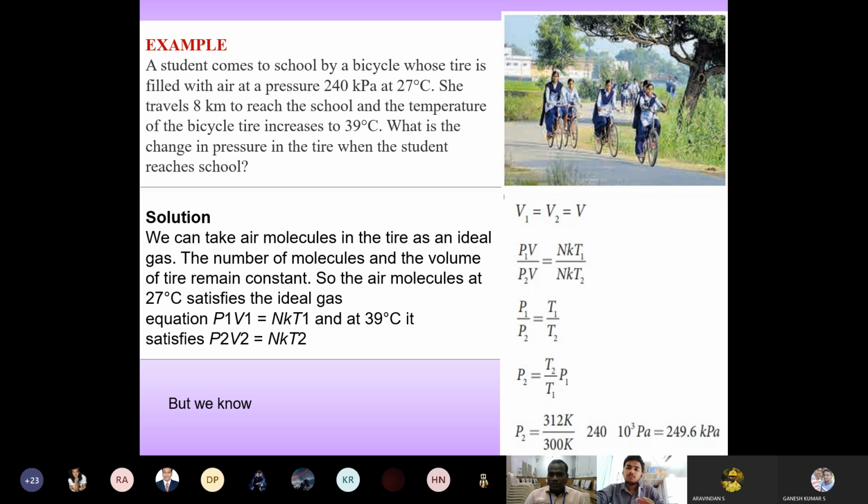So by these equations we can solve this kind of problem. We have to know what the equation of state is and where it can be applied. To solve this problem, we can use the equation of state of an ideal gas.